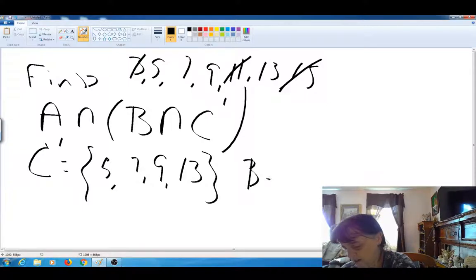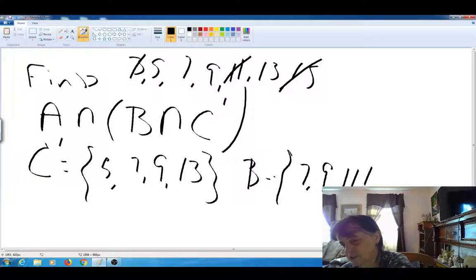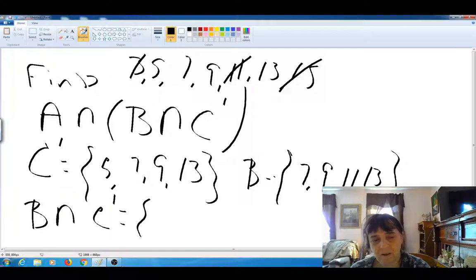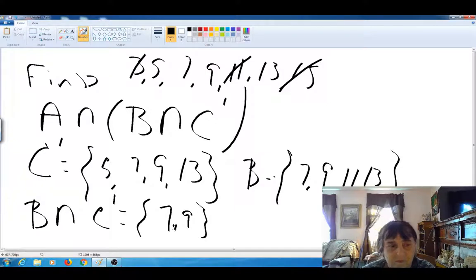And B is 7, 9, 11, 13. So B intersect C prime is 7, 9. And A is 3, 5, 7, 9. So the intersection of those sets is just 7, 9.